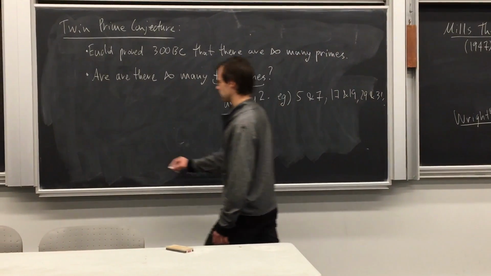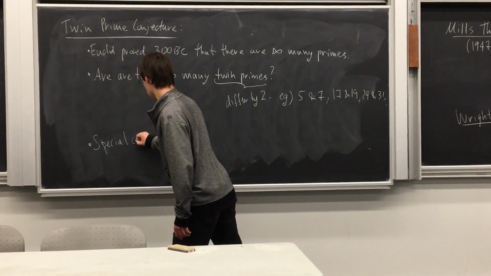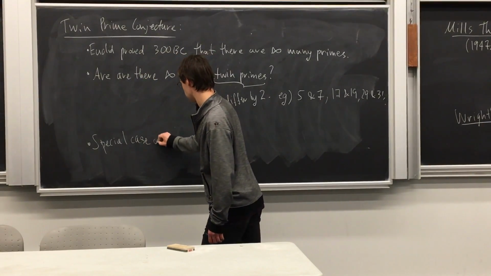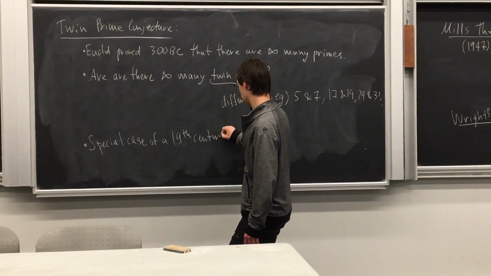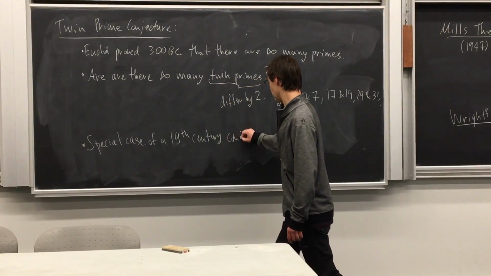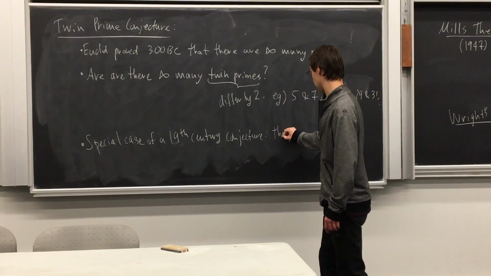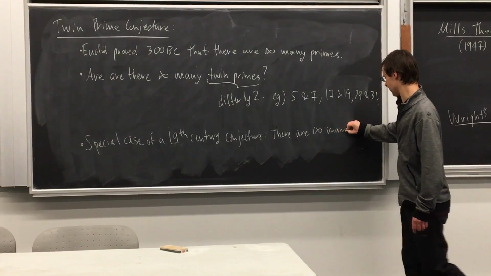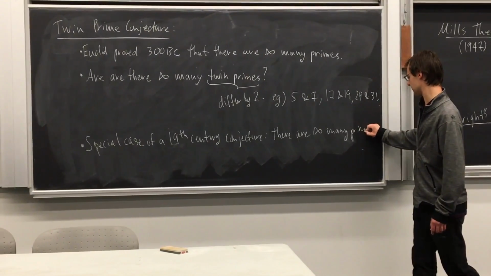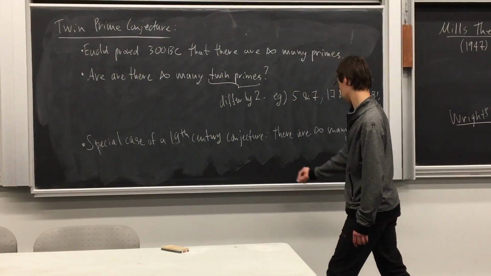So this is a special case of a more general conjecture made in the 19th century. That states that there are infinitely many primes spaced a distance 2n apart for any natural number n.